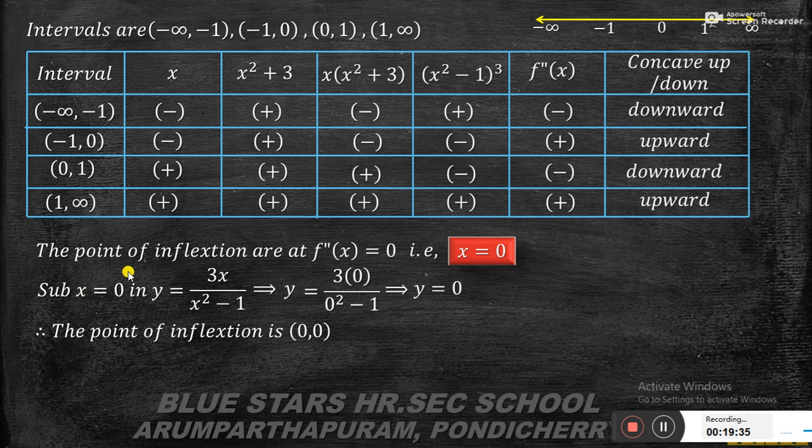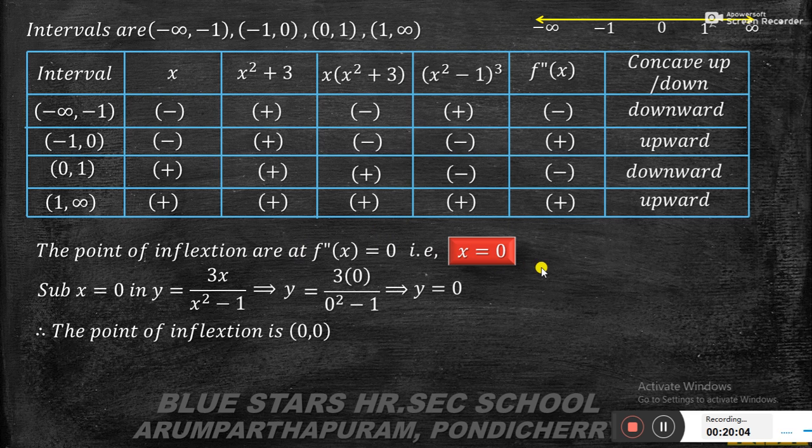So next the point of inflection. Now we find out the point of inflection. So that means f double dash of x equal to 0. We know that f double dash of x is 6 into x square plus 3 by x square minus 1 equal to 0. Therefore 6 into x square plus 3 equal to 0. So x equal to 0 from the numerator term, and x square equal to minus 3.